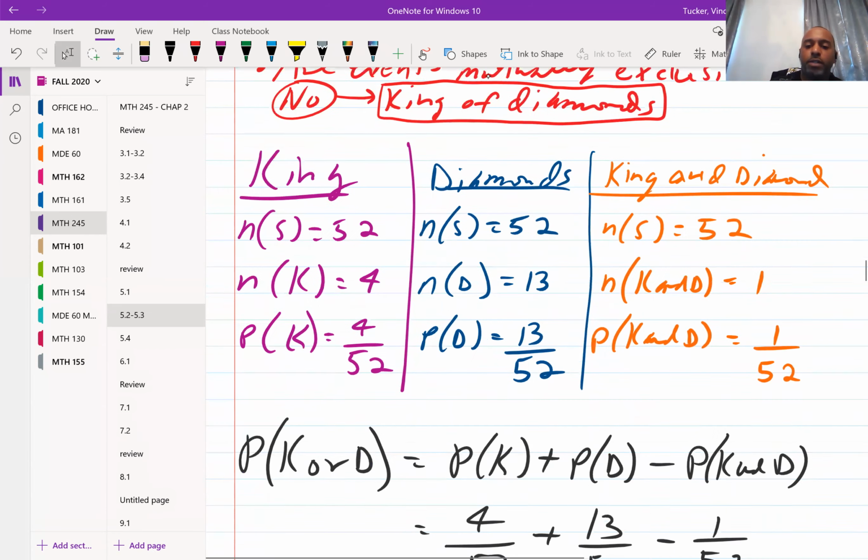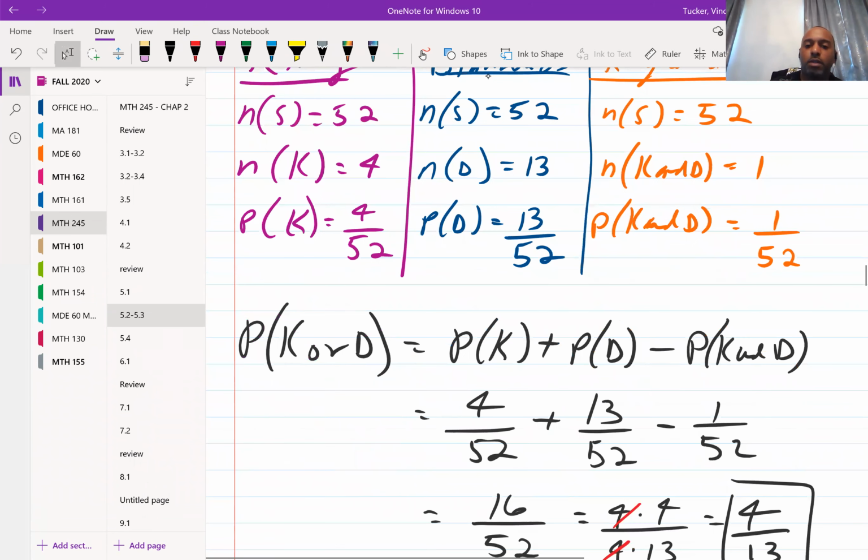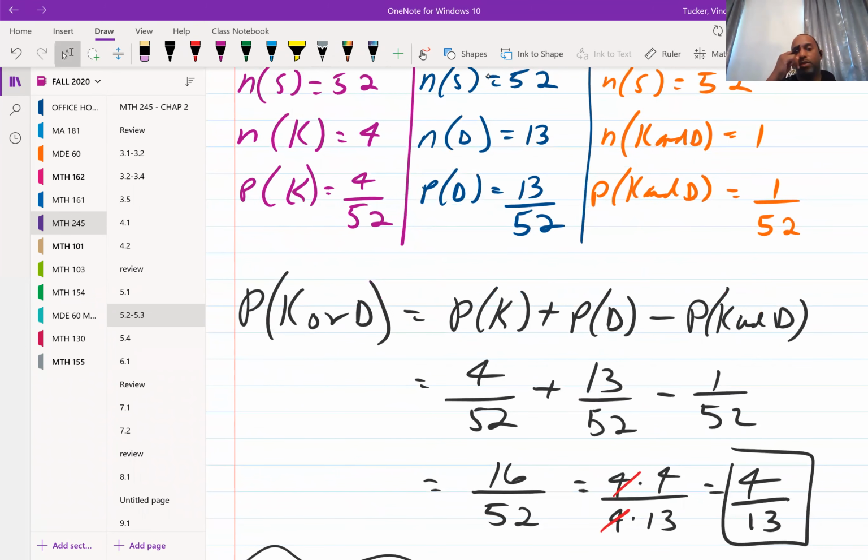Once you have all 3 pieces, then you plug them into the formula. So it's 4 over 52 plus 13 over 52 minus the 1 over 52. So that'll give us 16 over 52, then reduced by 4, and that'll be 4 out of 13.